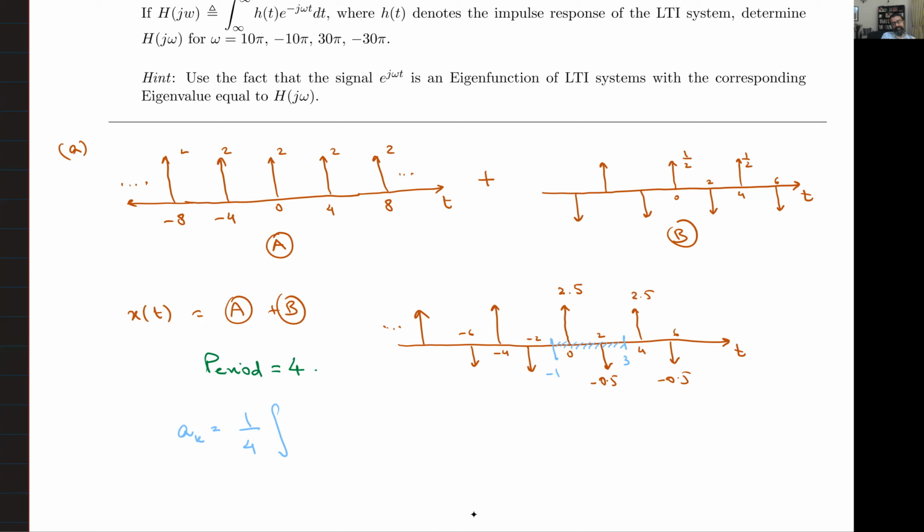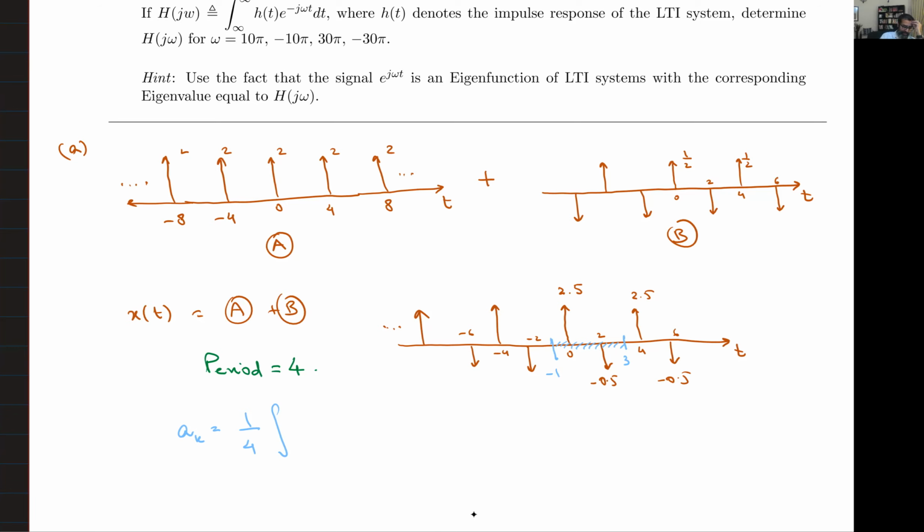But if it's 0 to 4, then you may run into a slight issue: is it 0 to 4 minus or 4 plus? It must be 4 minus. So in order not to run into those complications, I will just take from -1 to 3. Let's do that first, and then I can talk about 0 to 4 again.